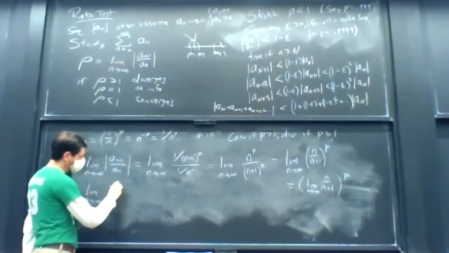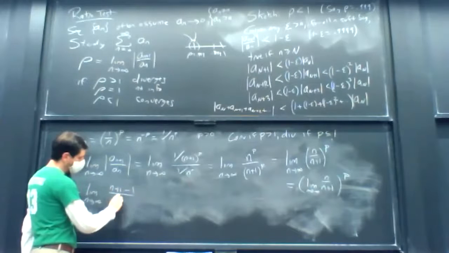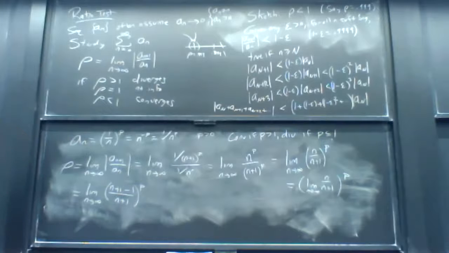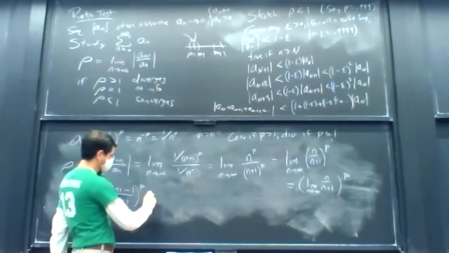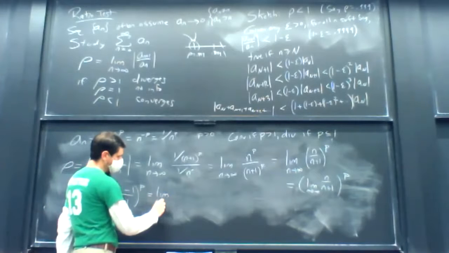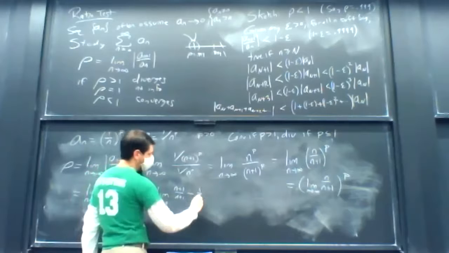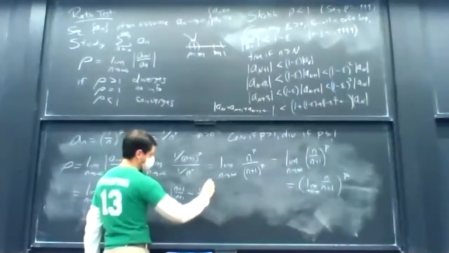I can write n as n plus 1 minus 1, so this is the limit as n goes to infinity of (n+1)/(n+1) minus 1/(n+1), all to the p.